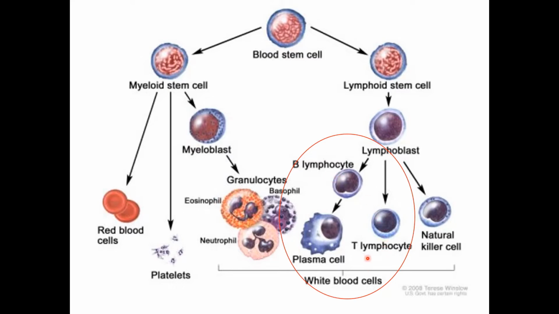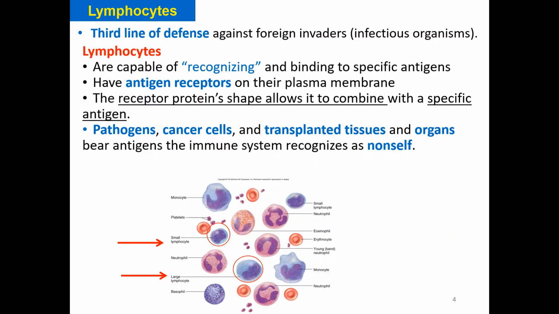These B lymphocytes will result in the formation of plasma cells. Later, the plasma cells will produce antibody. The B cells and T cells are activated at the third line defense.